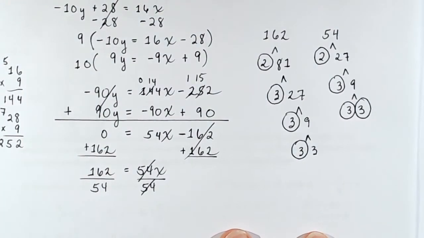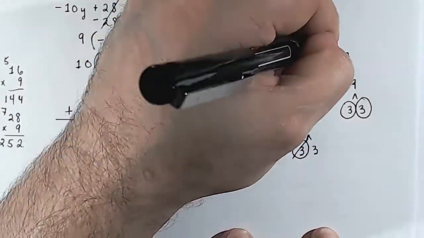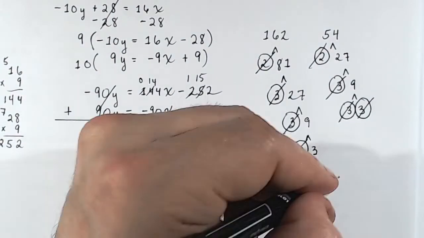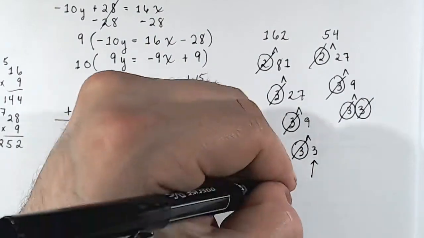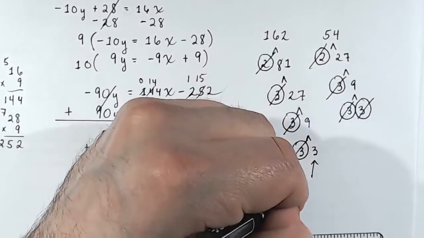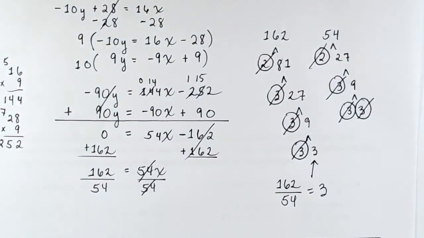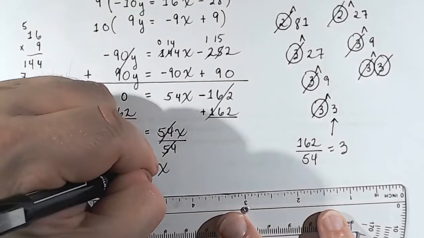Now cross out everything you circled, and the only thing that's left is the answer. Okay, you just canceled everything out except this 3 right here. Which means that 162 divided by 54 equals 3. That's pretty cool. So x equals 3.